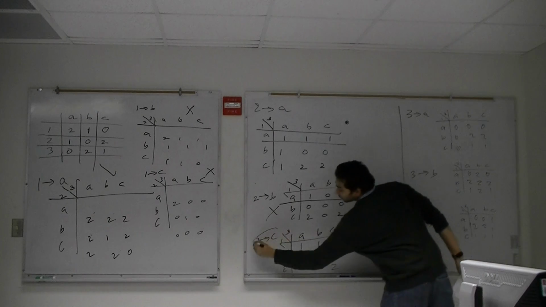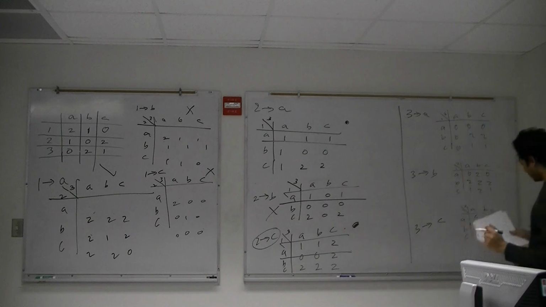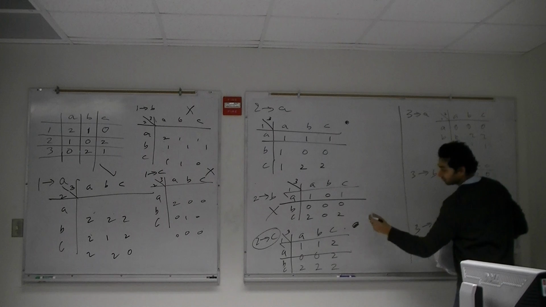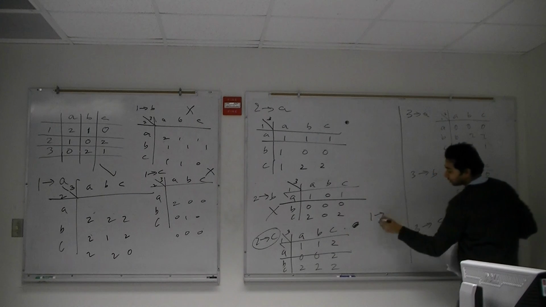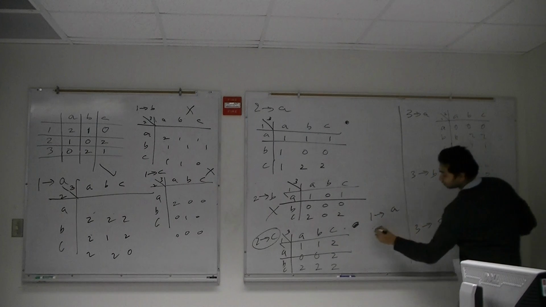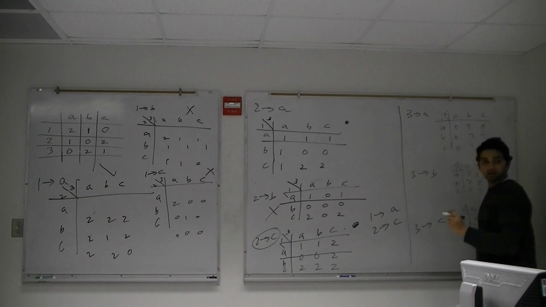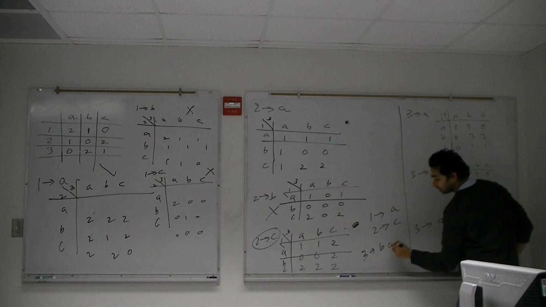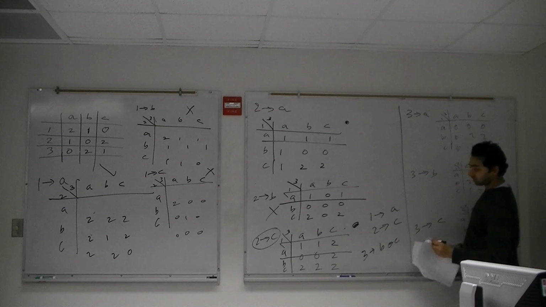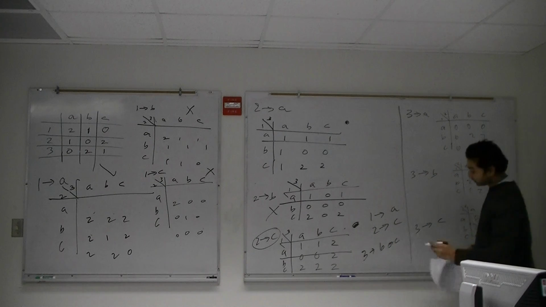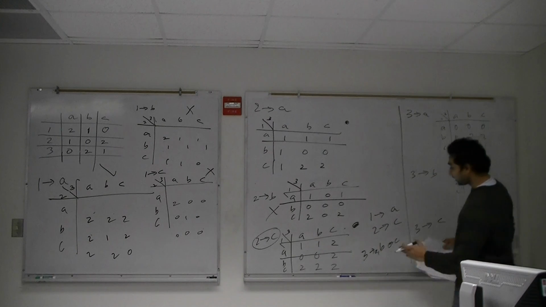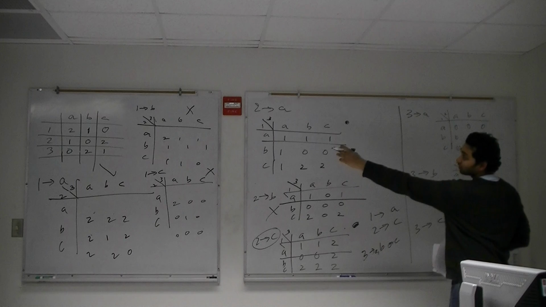Let's say player 2 picks C here. Player 1 is going to pick A, player 2 is going to pick C. So player 3 has the option of picking A, B, or C. What are his choices then?